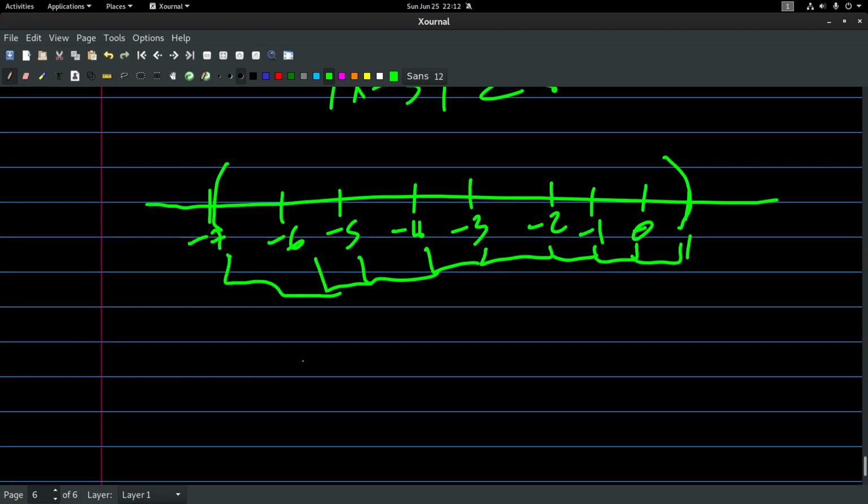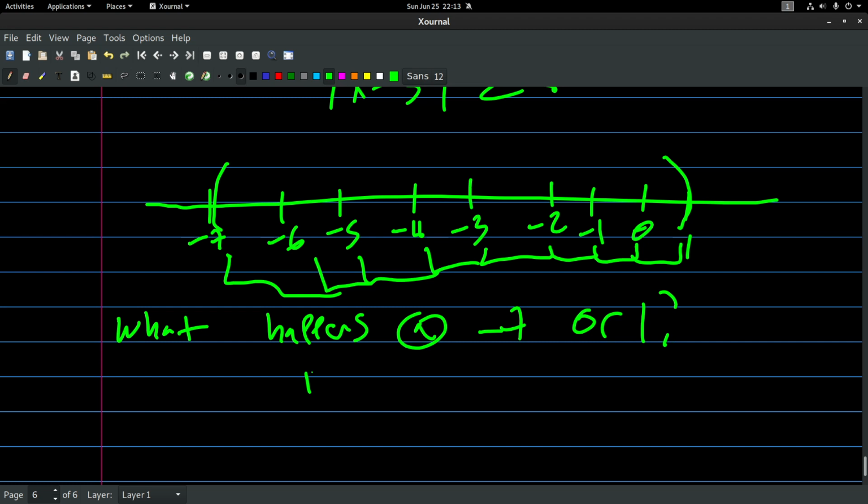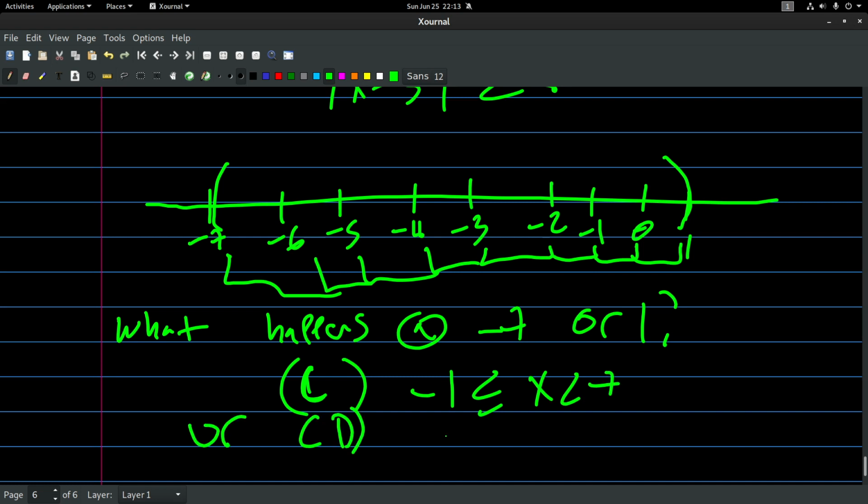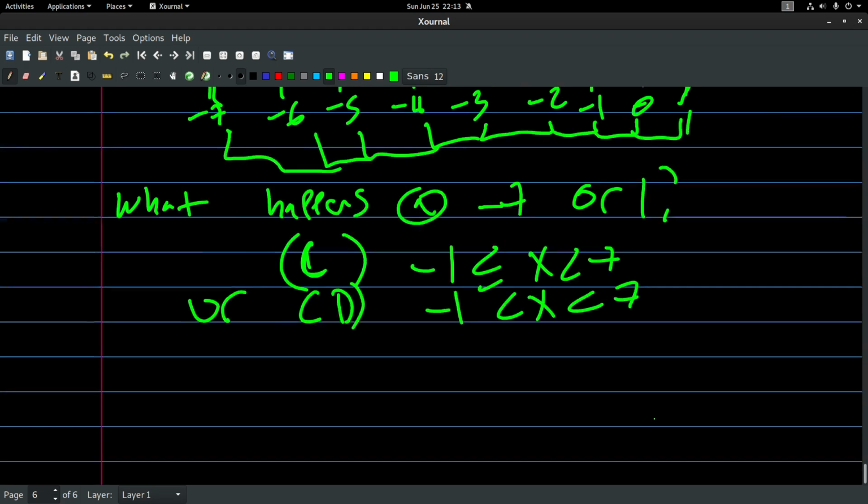Okay, so that's our radius of convergence right here, and we're not sure what happens at negative 1 or 7. So our answer is between C and D, so we just need to check for the endpoint.